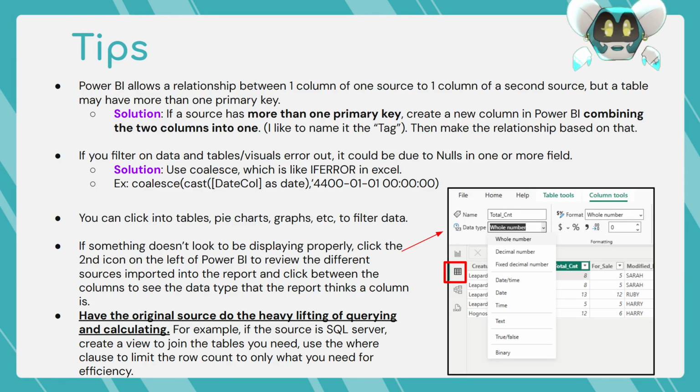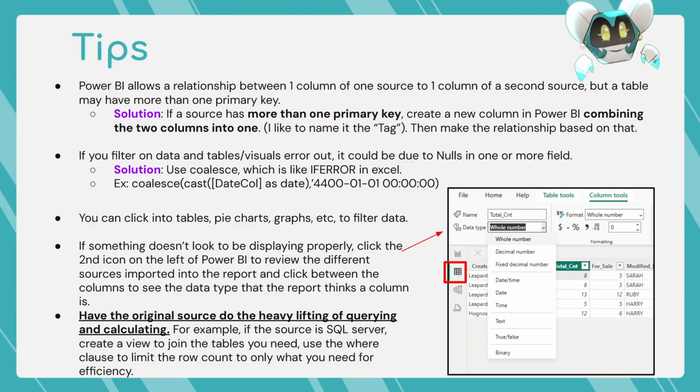Secondly, if you try to filter on data, such as a date column, and the tables and visuals error out, one cause could be the source data has nulls. Before this recording, I tried to prepare an example, but for some reason I could not recreate it. But just in case, I still wanted to give the solution that I used at the time I had the issue in an old project.